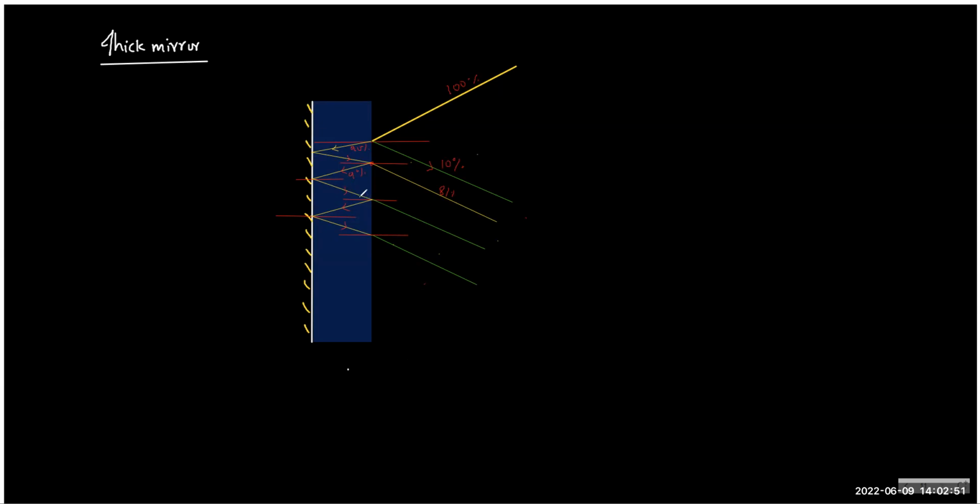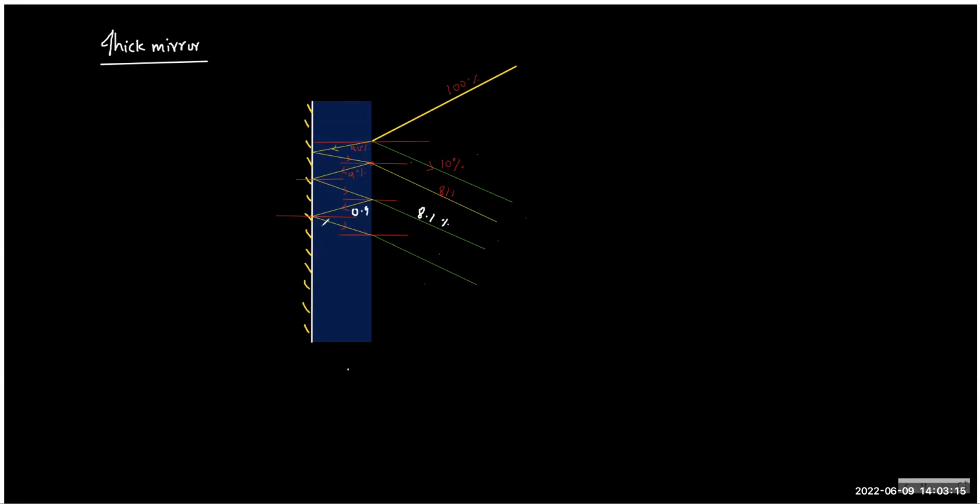Then this 9 will suffer further. So 9 will come here, 9 will go here. But out of 9%, how much will go that side? 8.1. Isn't it? And what is left? 0.9. Do you realize this? Yes.